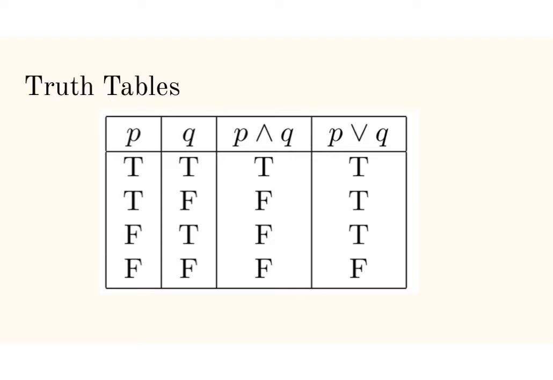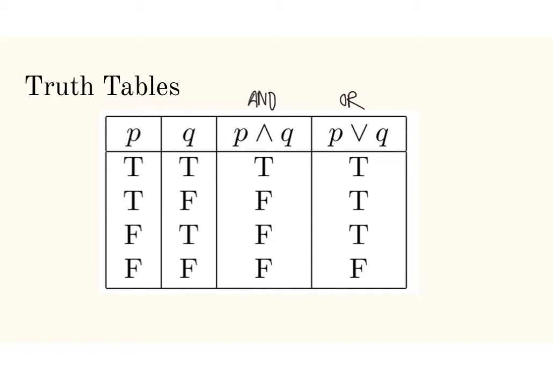So what are the truth tables for and, or? Notice in this truth table we need 4 rows, because it's not just about whether P is true or false, it's about whether Q is true or false and getting every possible combination of those two truth values for each of the 2 variables that we have.